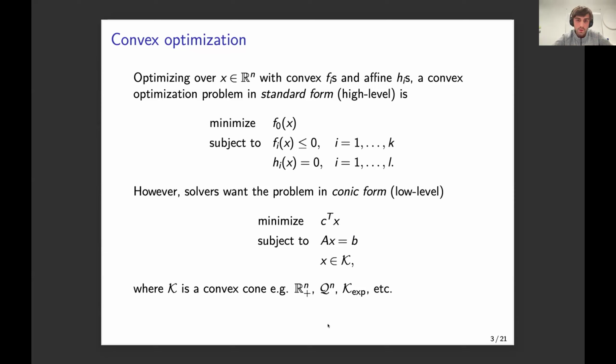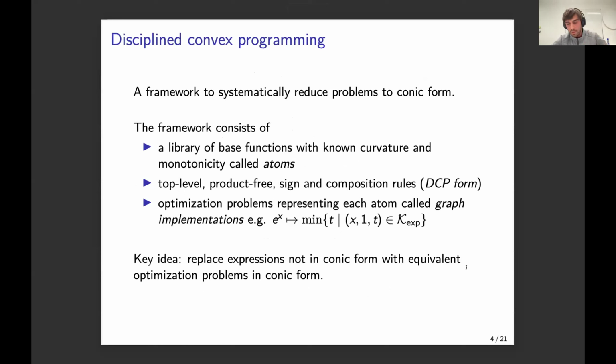So how do we go from standard form to conic form? The common approach used in practice is called disciplined convex programming. The idea is that you tag a bunch of functions that you understand well, such as the exponential, square root, powers, addition. You tag them with their curvature and the monotonicity of their arguments.